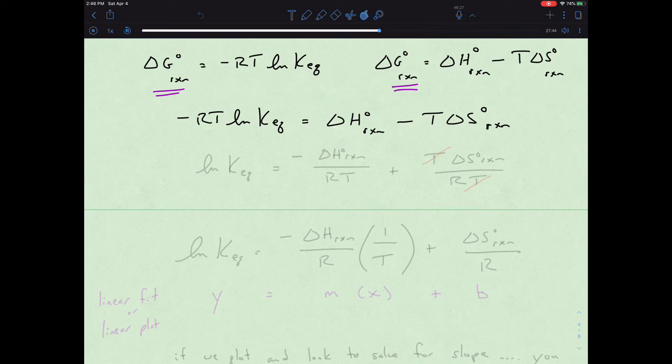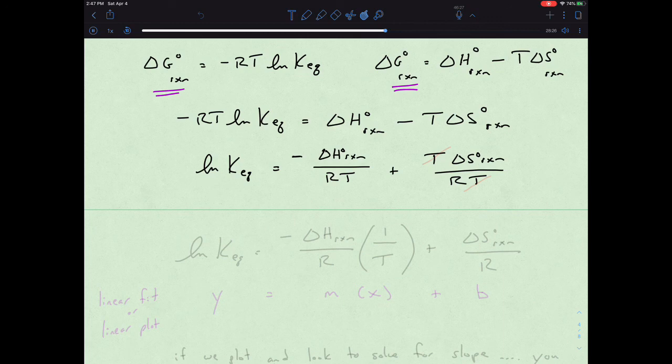If we simply divide over our temperature and our R value, we would end up with the natural log of our equilibrium constant is equal to a negative delta H of reaction over RT, and then that would be plus our temperature delta S of reaction also over RT.